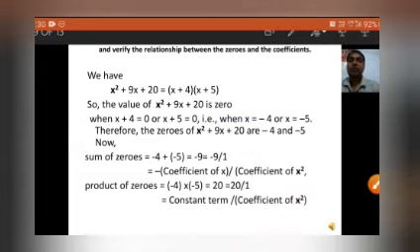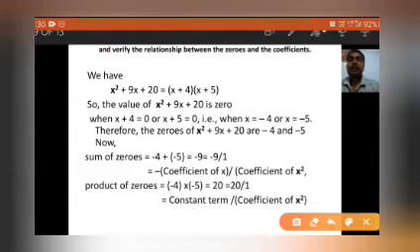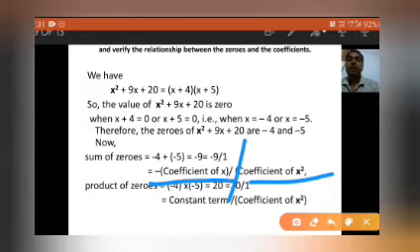So minus 9 divided by 1 is equal to minus coefficient of x divided by coefficient of x square.